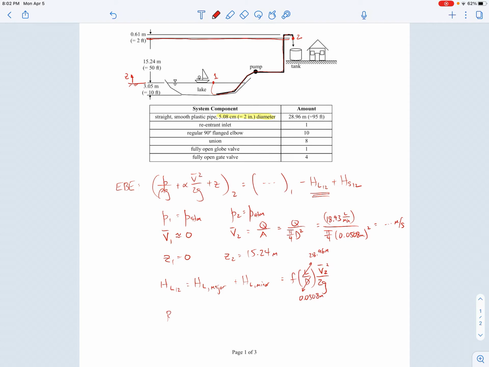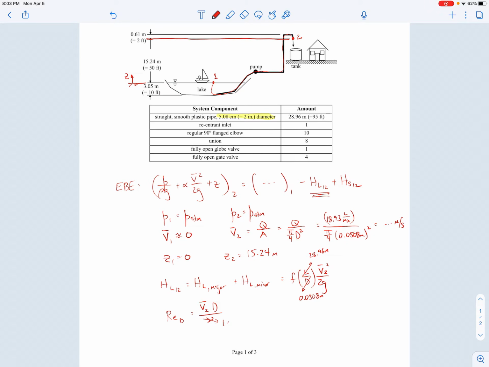The Reynolds number, based on the pipe diameter, will be the velocity in the pipe, so that's V bar 2, times the pipe diameter divided by the kinematic viscosity of water. So we can look up the kinematic viscosity of water. I think that's 1 times 10 to the minus 6 square meters per second.